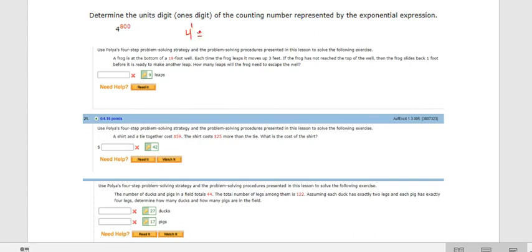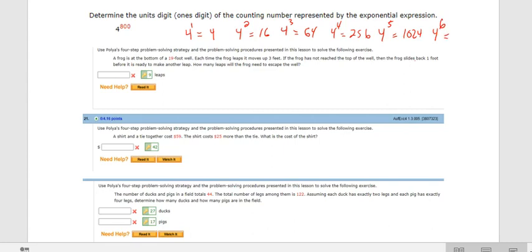So 4 to the first power is 4. 4 squared is 16. 4 cubed is 64. 4 to the fourth is 256. 4 to the fifth is 1024. So you should start seeing a pattern here.